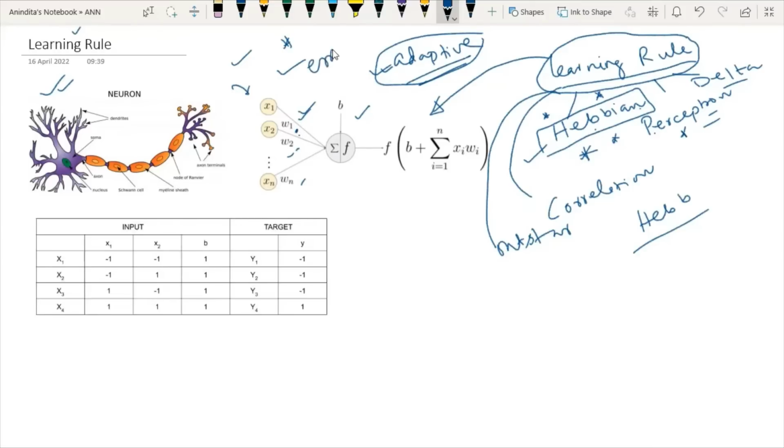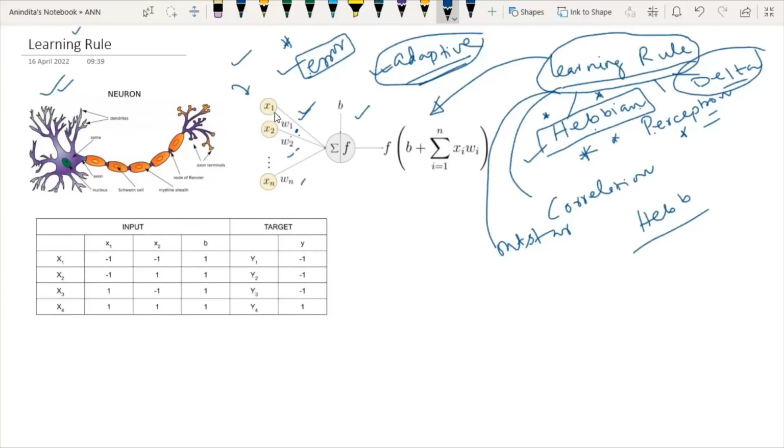So there is one error factor in the neural network. How it occurs, I will tell you. Whatever the scenario, just remember one point. Whenever we are computing synaptic weight using the delta learning rule, there are two factors we have to take into consideration: the error factor and the input value of the neural network.